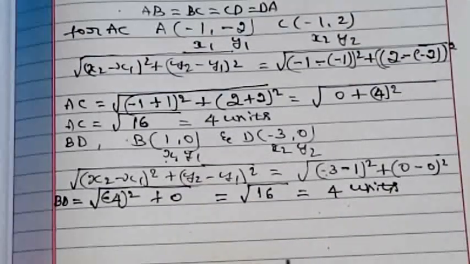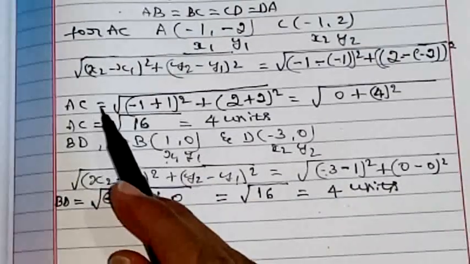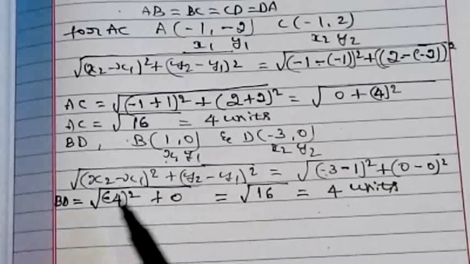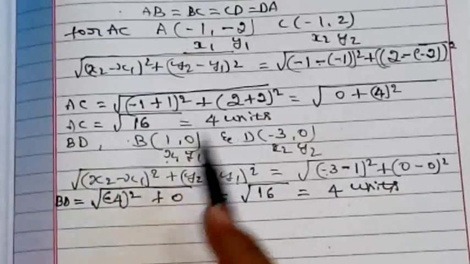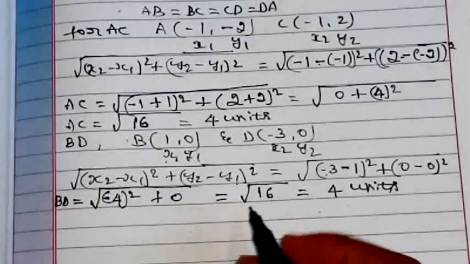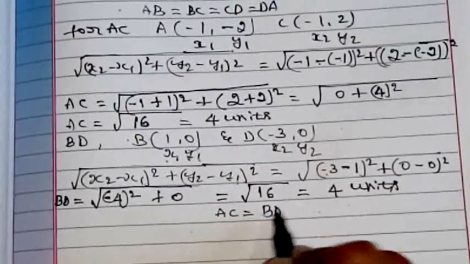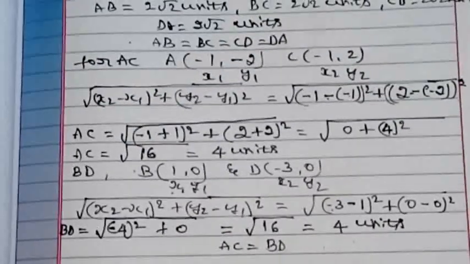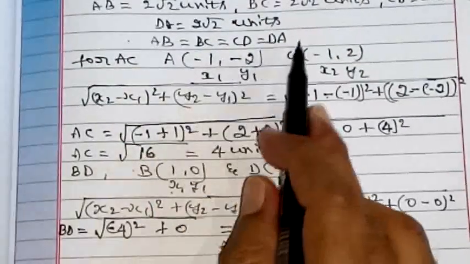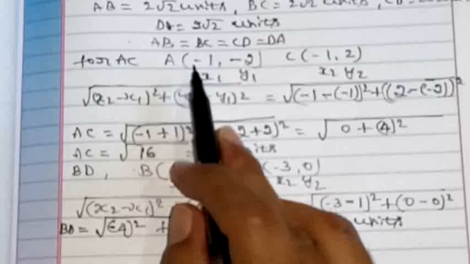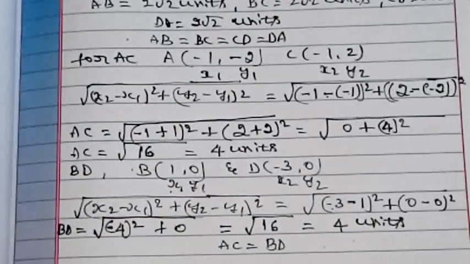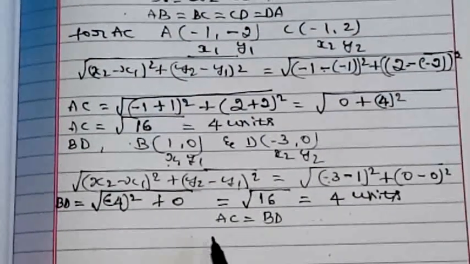So what is the meaning of this? AC is equal to BD, because AC is 4 units and BD is also 4 units, so I can write AC is equal to BD. First we found that all the sides of the quadrilateral are equal. Now we have found that the diagonals are also equal.